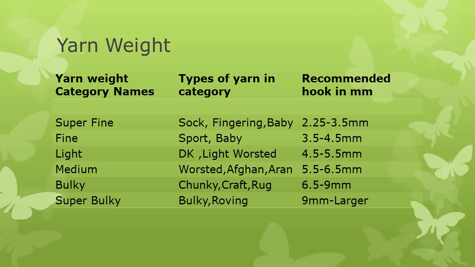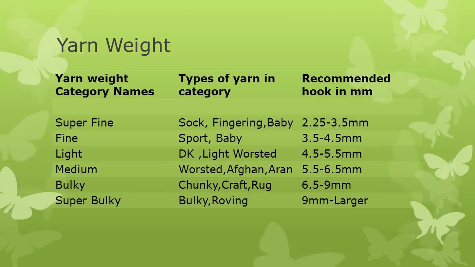The yarn weight symbols are also available on the label of the yarn. So these are the categories of yarn weight: superfine, fine, light, medium, bulky and super bulky. The types can be used for the following projects and the corresponding hooks are also mentioned in the table. So depending upon the project, you can select the yarn weight and the recommended hook.